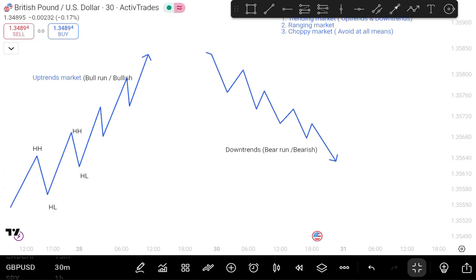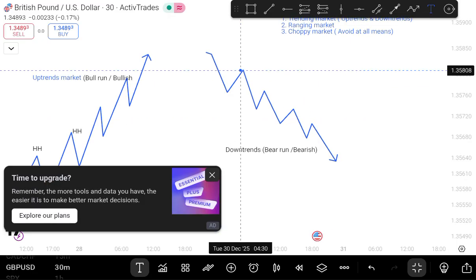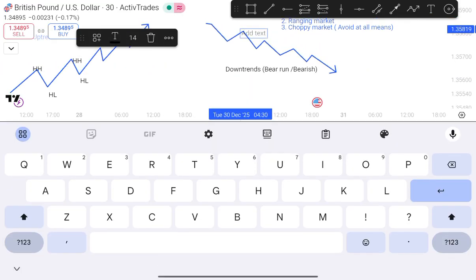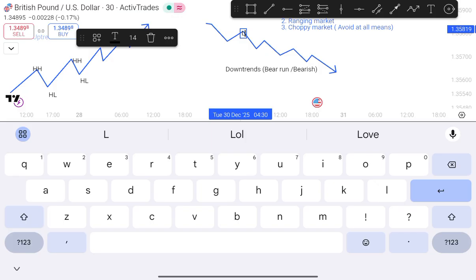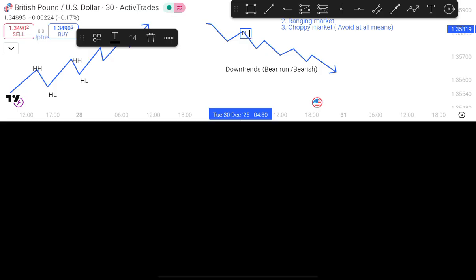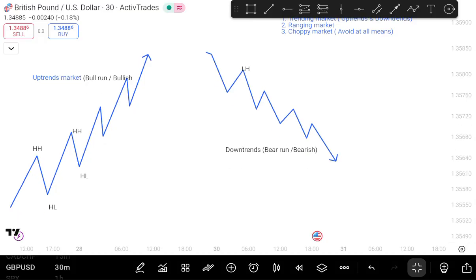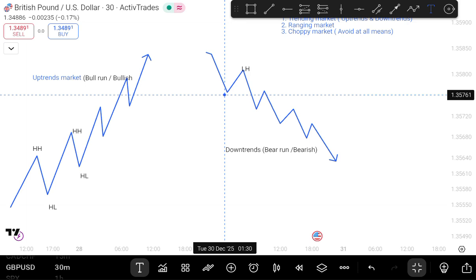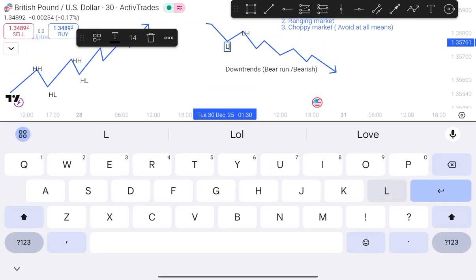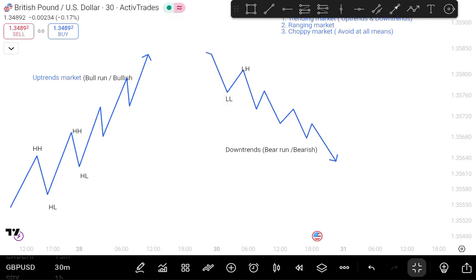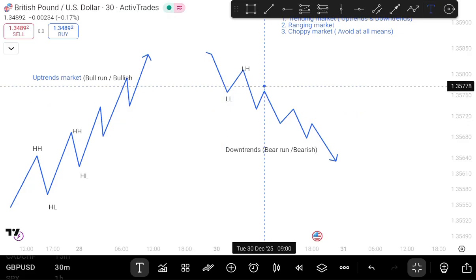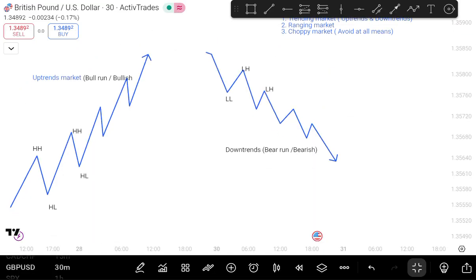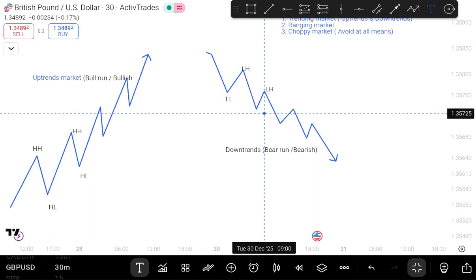But in a downtrend market, the market will form a lower high and a lower low.